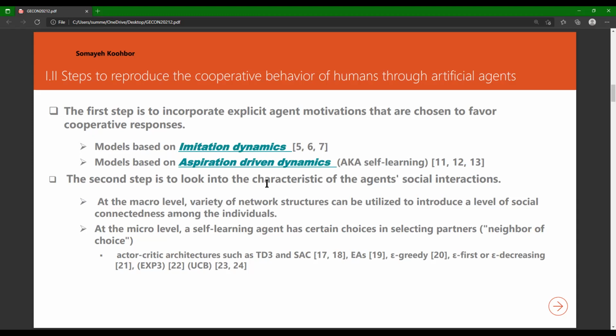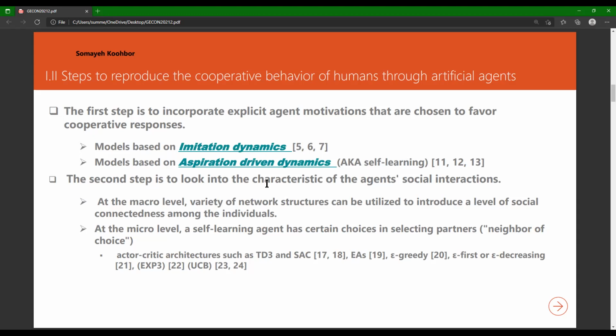Some researchers think it's a big heuristic to assume that we know who is doing better and have access to the strategy of others. But in aspiration-driven dynamics, it's about you playing the game. If you are happy, you cooperate. If you're not happy, it will affect your experience, and probably you will change your strategy. So this is one aspect of bringing in the motivation for cooperation or defection.